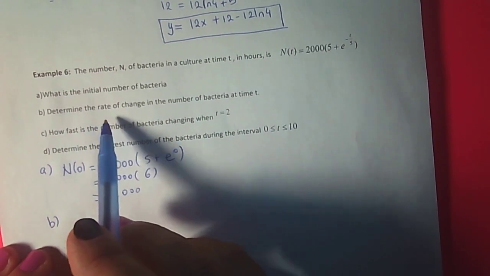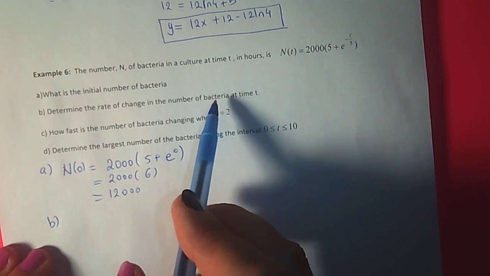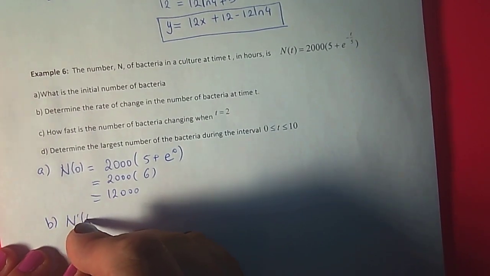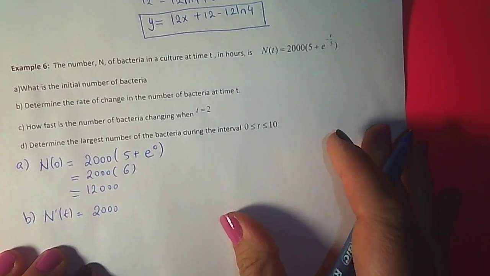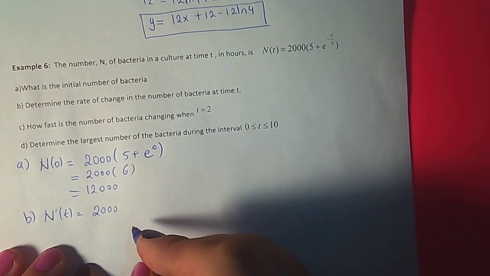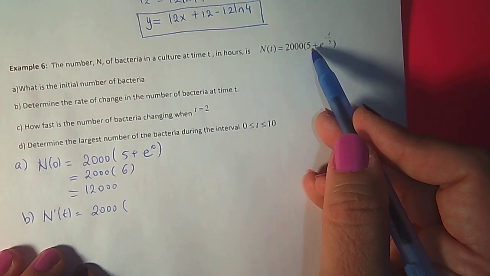Okay, B. Determine the rate of change in the number of bacteria at time t. Now they're asking for the derivative of the function. So n prime equals, we are going to keep that coefficient 2000. We are going to take the derivative of this bracket. Derivative of 5 is 0.